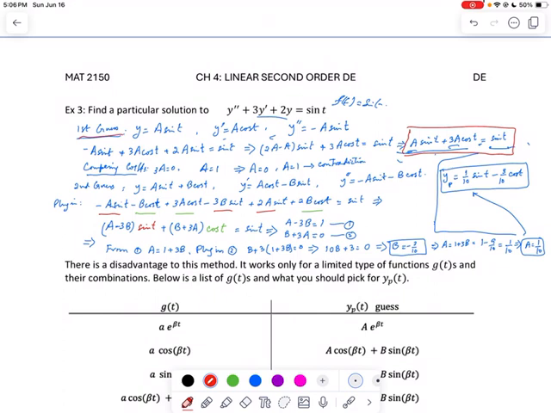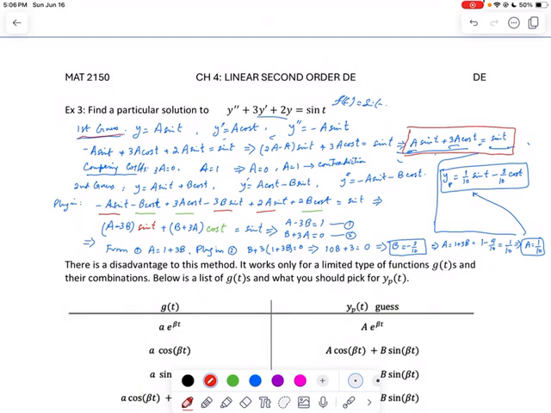So 3a is equal to 0, which will give us a is equal to 0. And when we compare the coefficient of sine t, we get a is equal to 1. So this is the issue because we cannot determine which value a has. So we say that this is not a good guess.